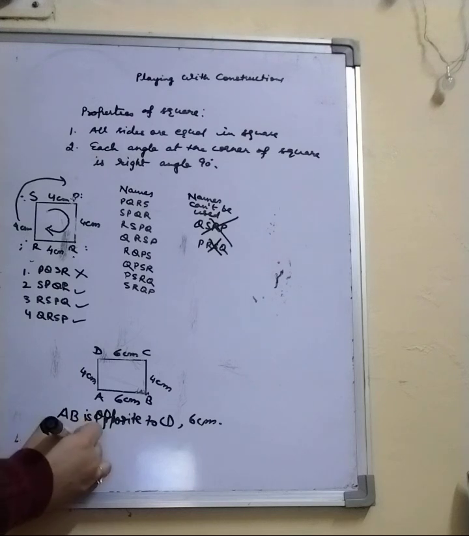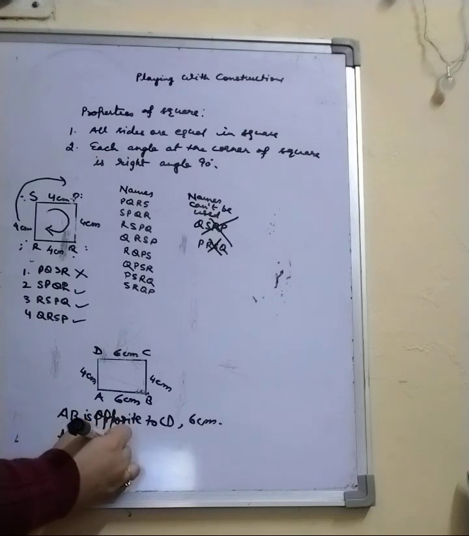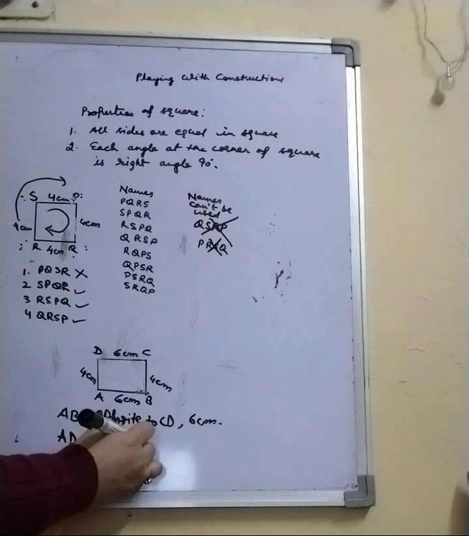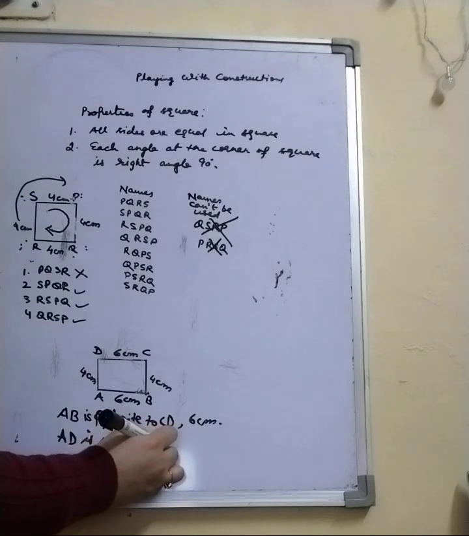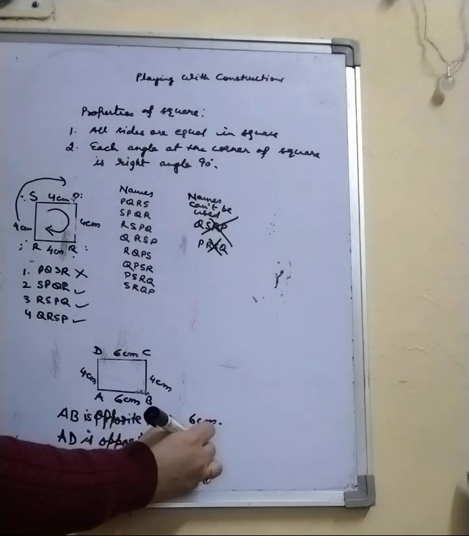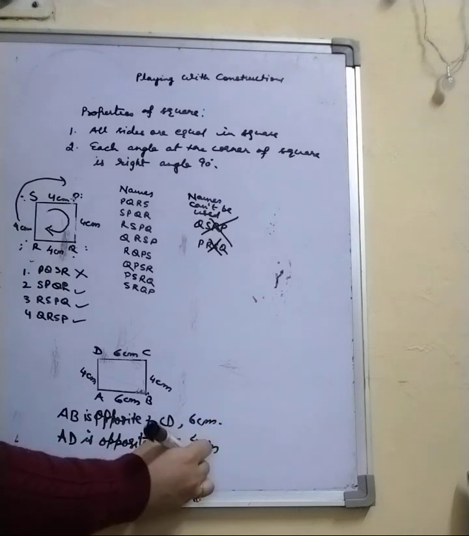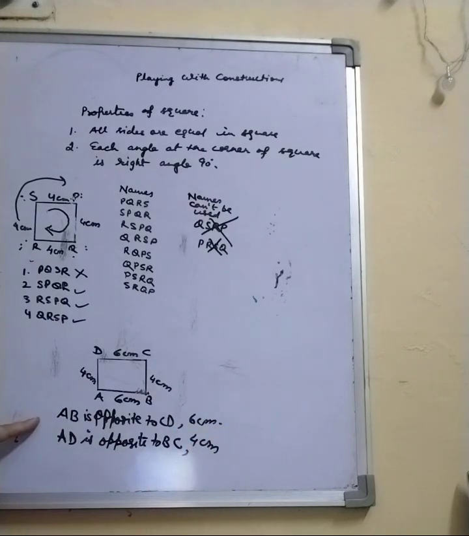Similarly, AD is opposite to BC. Its measurement is 4 centimeter. Therefore you can say that the opposite sides of a rectangle are equal.